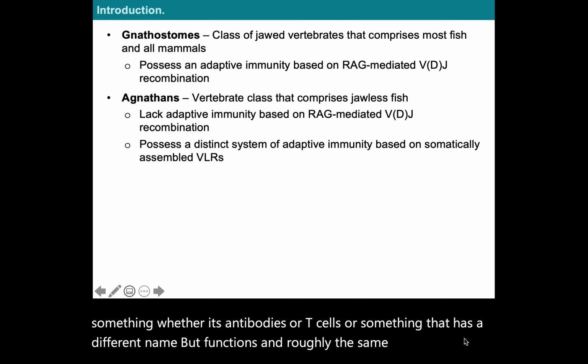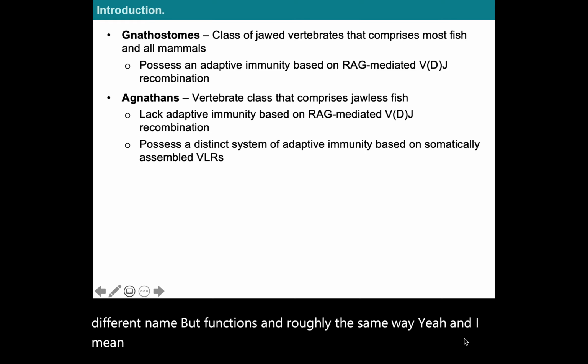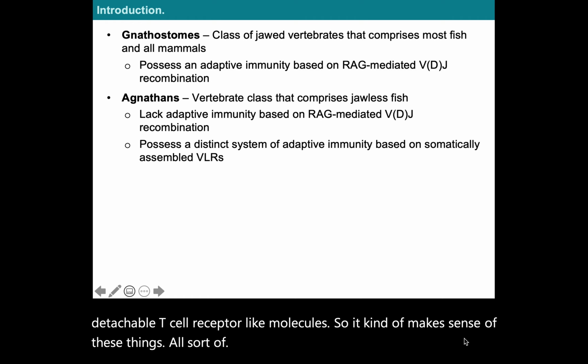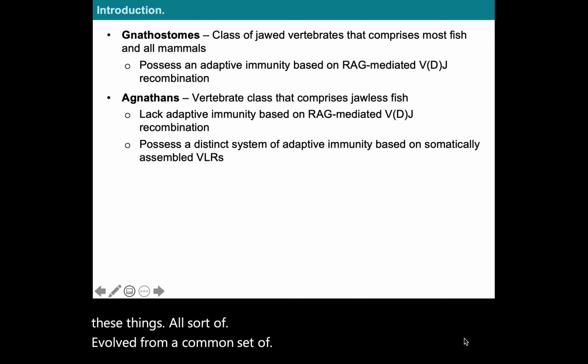An antibody is basically just a loose T cell receptor, a detachable T cell receptor-like molecule. So it makes sense that these things all evolved from a common set of equipment. Agnathans, these jawless fish, actually lack RAG-mediated VDJ recombination.